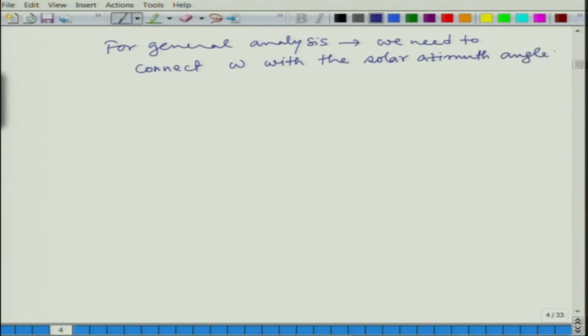If you think closely, both of these quantities actually measure a similar thing, that means the time with respect to the solar noon.